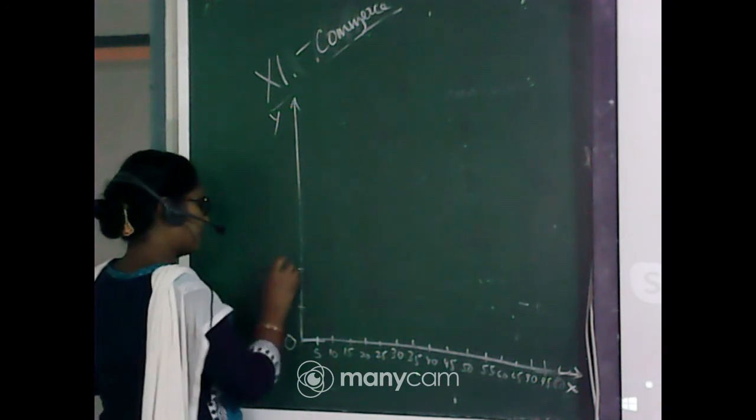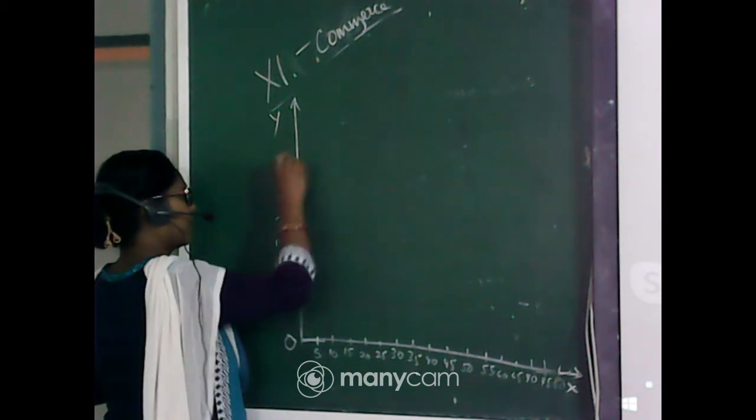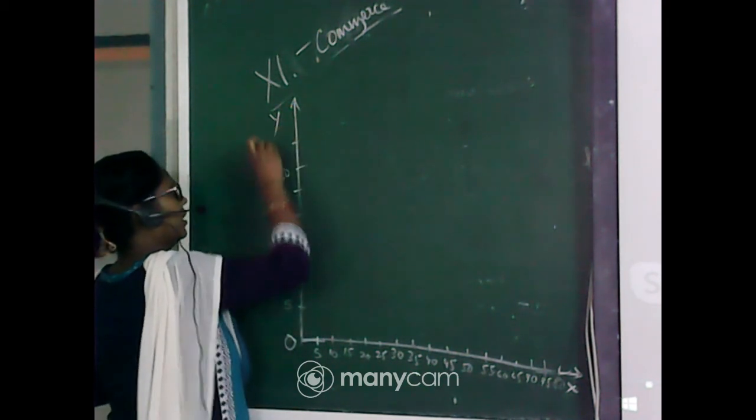Give the same scale on the vertical axis: 5, 10, 15, 20, 25, 30, 35.